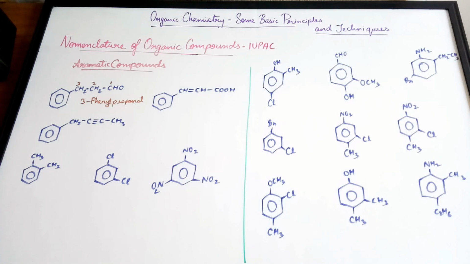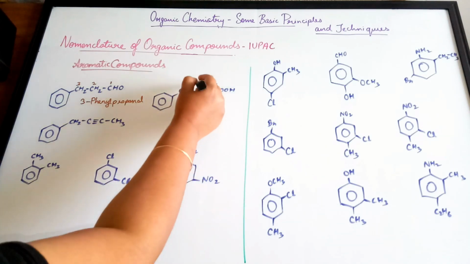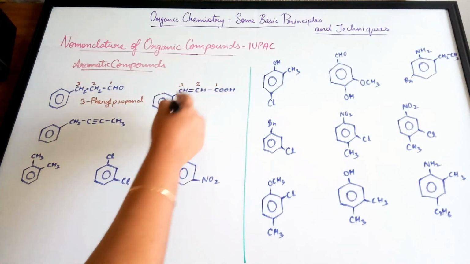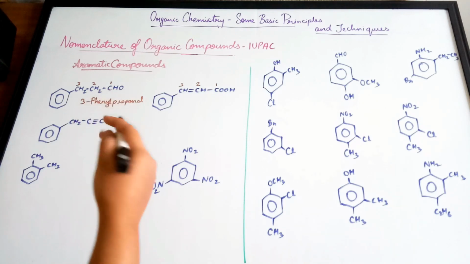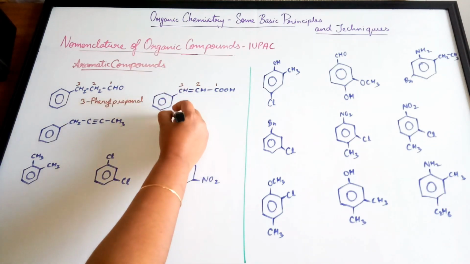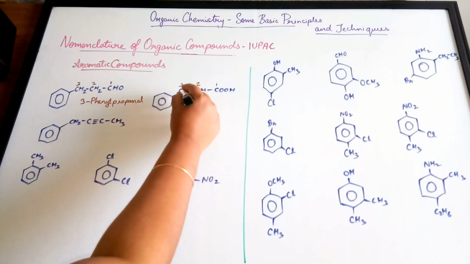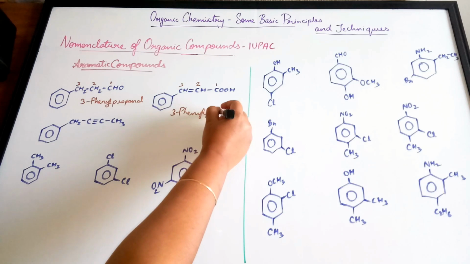The next one, here you have an acid group. So the acid will obviously get the first priority. Then you have a double bond as well as the benzene ring, and it's a 3 carbon chain. So it's again 3-phenyl propanoic acid.